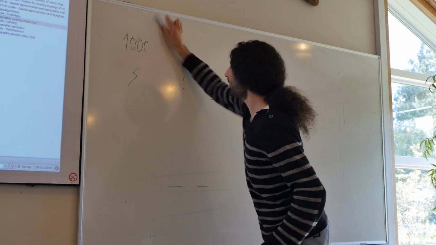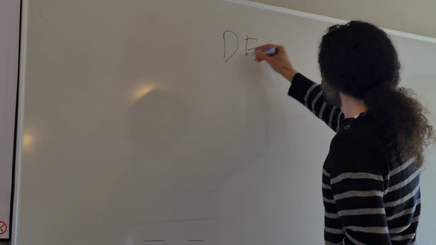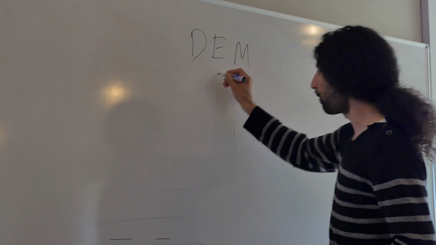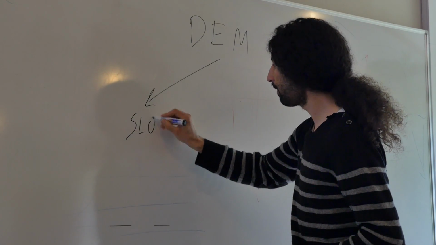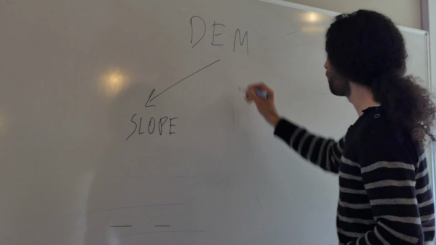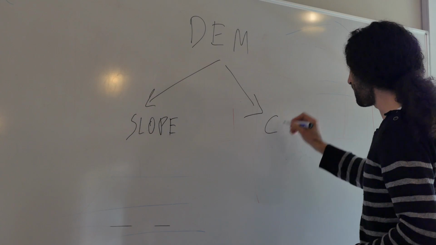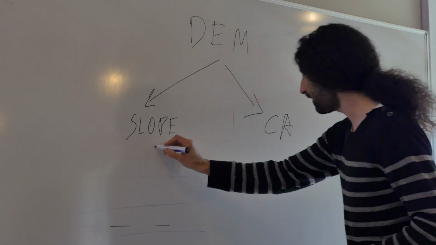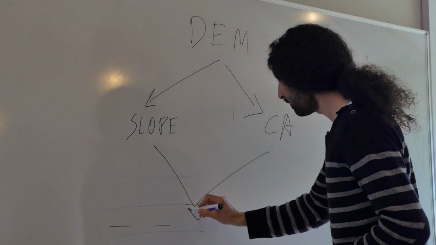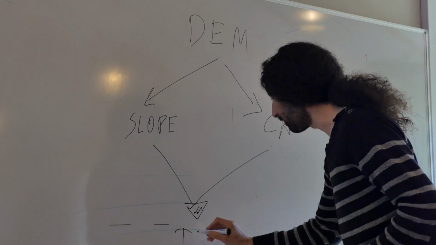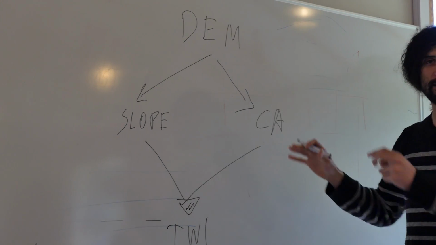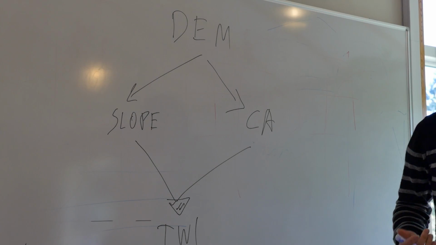Just to summarize that, I got my DEM, right? Okay, so from that I can calculate the slope. From that I can calculate the catchment area as well. And then I can take those 2 together and calculate the topographic wetness index, right?